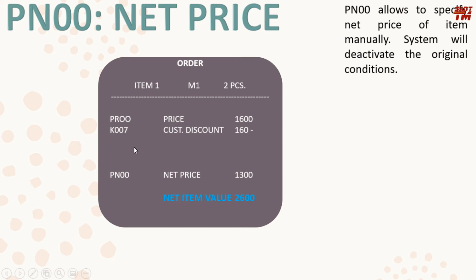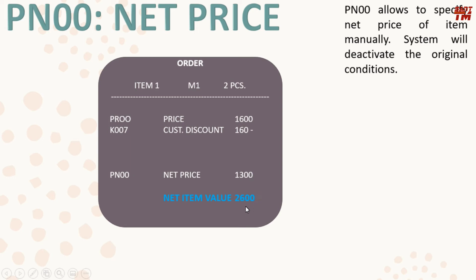But the SAP employee comes into play and says that we will use this PN00 condition type, which says that the net price of one piece would be 1300. That means item 1 would be sold at 1300 per piece. The above condition types evaluate the price of item 1 as 1440, whereas PN00 evaluates it as 1300 euros per piece.